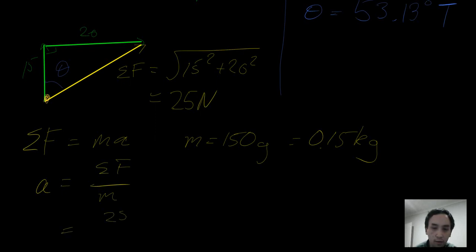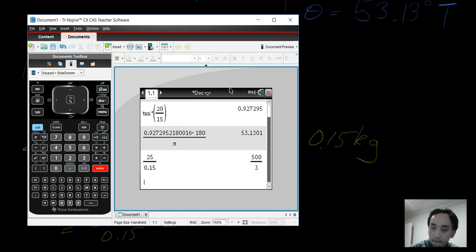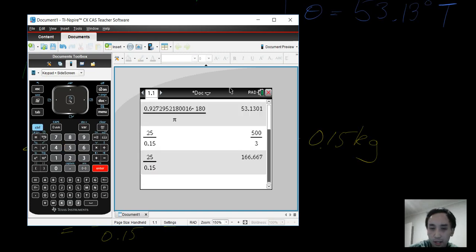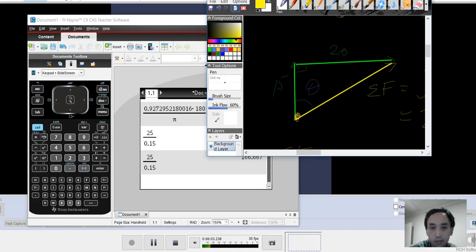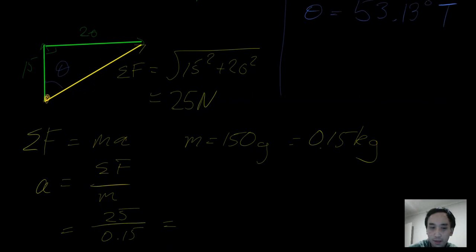which is 25 divided by 0.15. Let's get a decimal. About 166.7 meters per second squared, approximately.